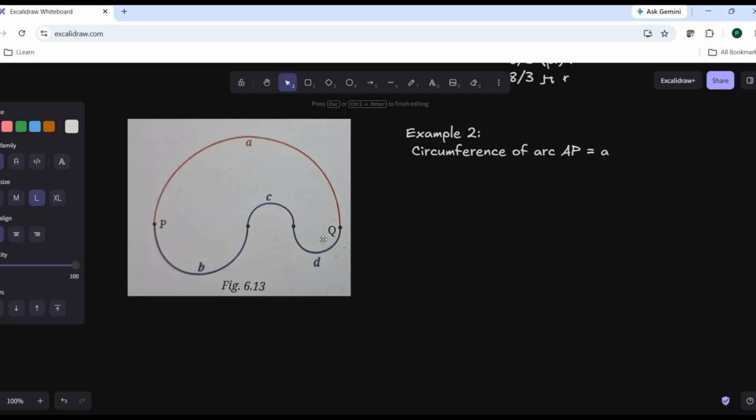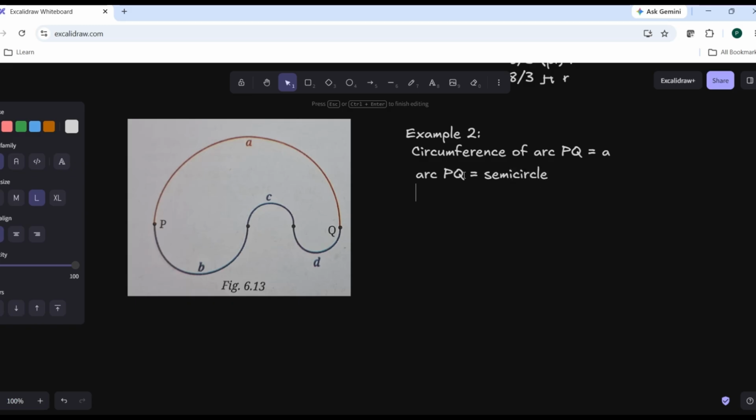Arc AP, sorry, why did I write AP? This is PQ. So the circumference of arc PQ is A, and this arc PQ is a semicircle.